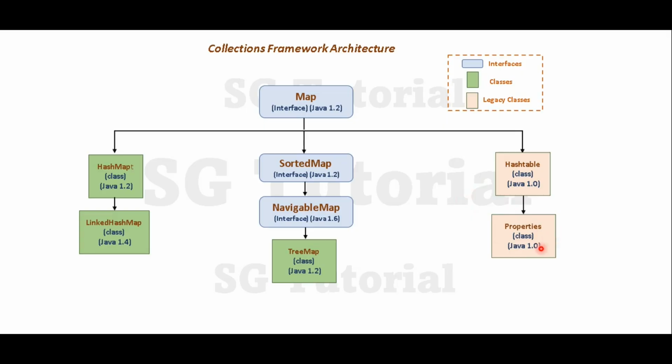That's why these are legacy classes. And SortedMap and NavigableMap are the interfaces which extend the Map interface. SortedMap was introduced in Java 1.2 and NavigableMap was introduced in Java 1.6.